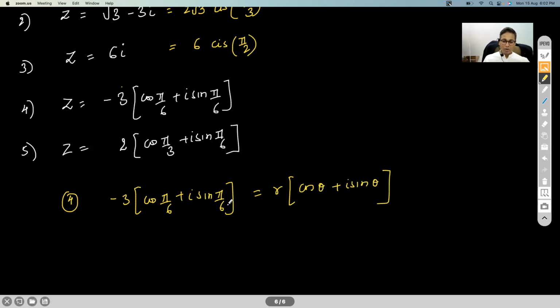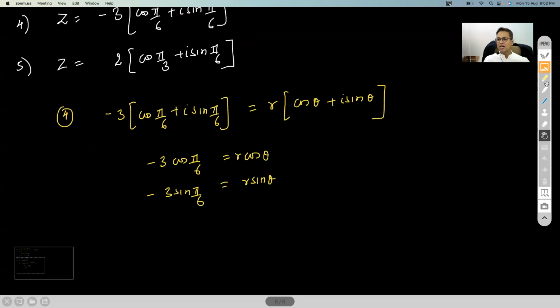Now when I'm comparing it, I'll compare the real part with the real part, and the imaginary part with the imaginary part. Mind you, R and theta is what I need to complete the polar form. So I'm looking for R and theta here. I have these two equations with me. To get R, I'm going to square both of them, square 1, square 2.